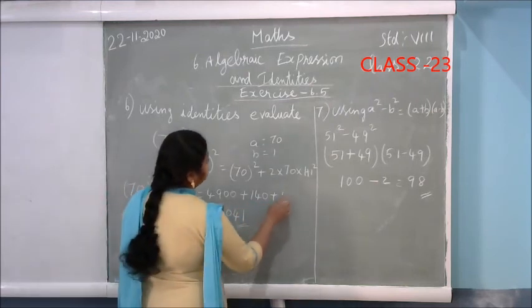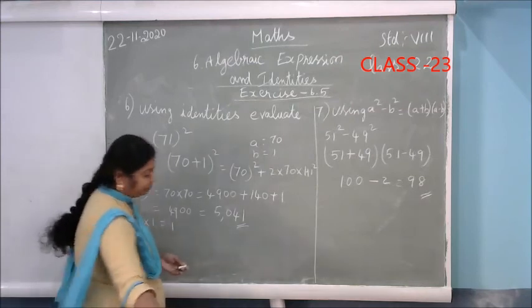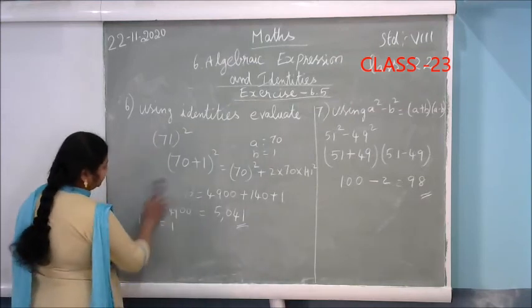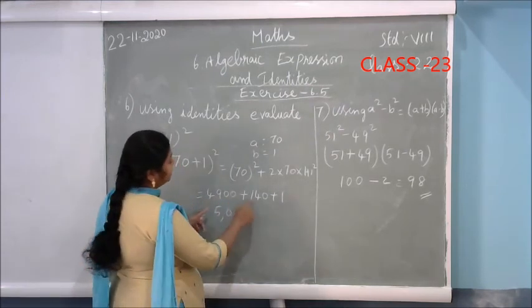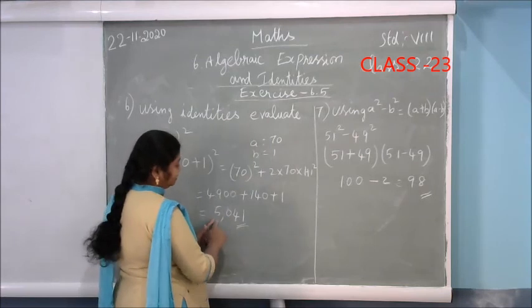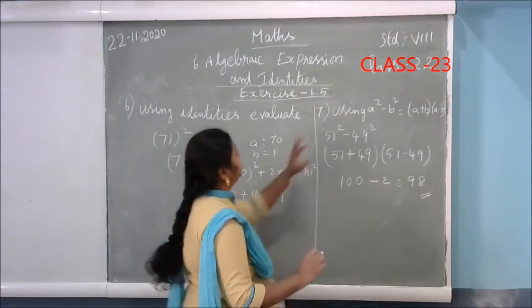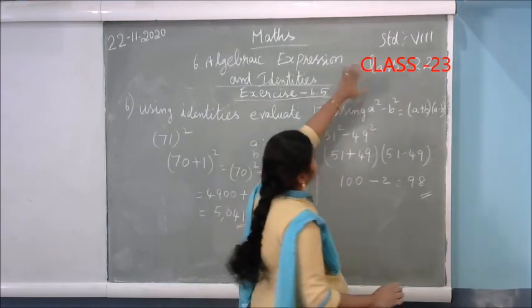So 140 plus 1 squared, 1 into 1 is 1 only. And afterwards 4900 plus 140 plus 1. If you add all this, you will get the answer 5041.